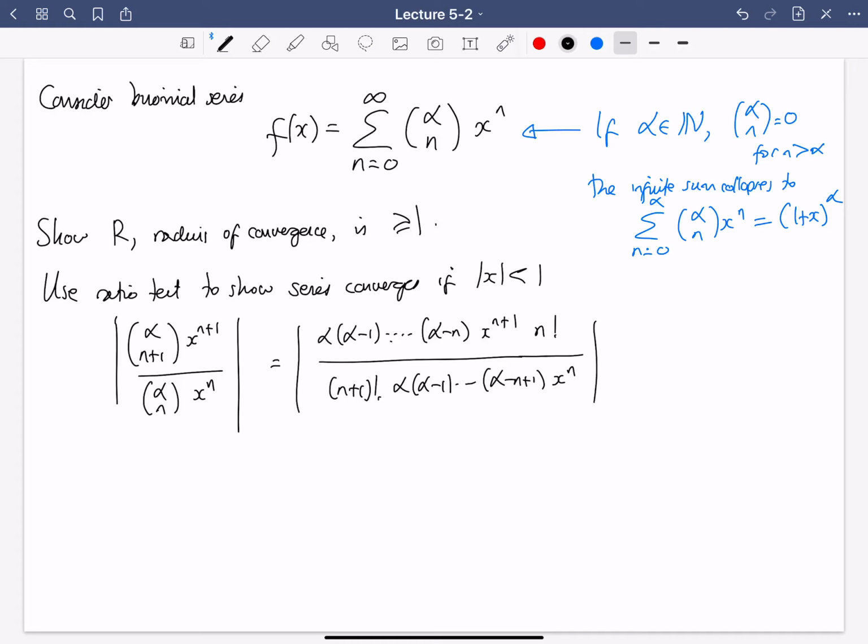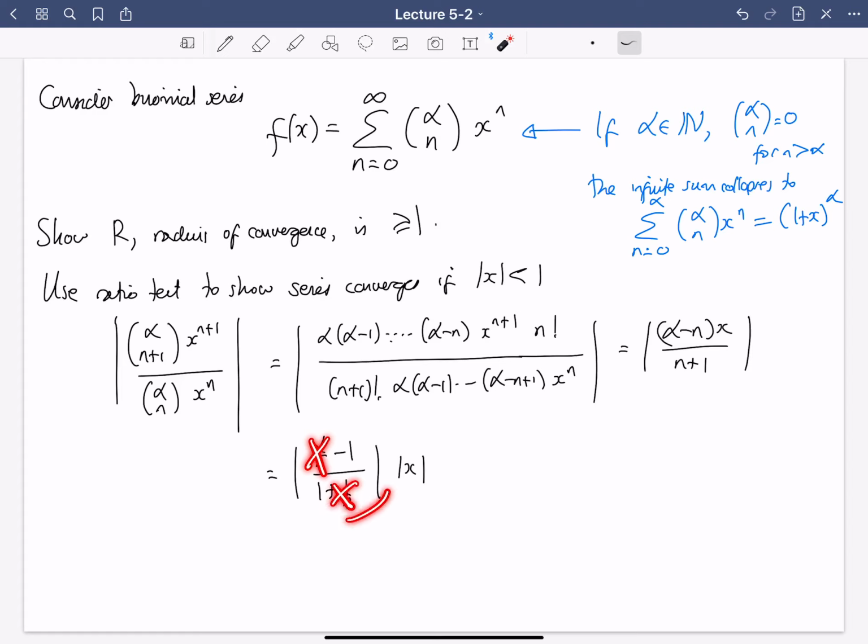But most things cancel, so I really only need the alpha minus n and the x and the n plus 1. And if I divide top and bottom by n, it's alpha over n minus 1, over 1 plus 1 over n, and an absolute value of x. But as n goes to infinity, that goes to 0 and that goes to 0, so this goes to 1. So overall it approaches the absolute value of x as n goes to infinity.